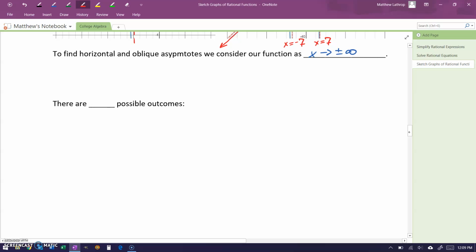So in order to find those oblique and horizontal asymptotes, we consider what's happening to our function as x approaches positive or negative infinity.